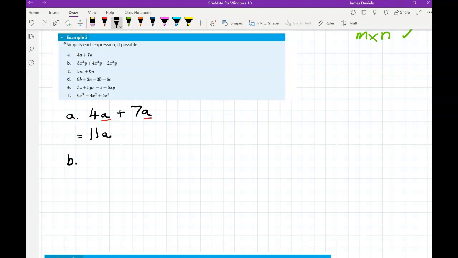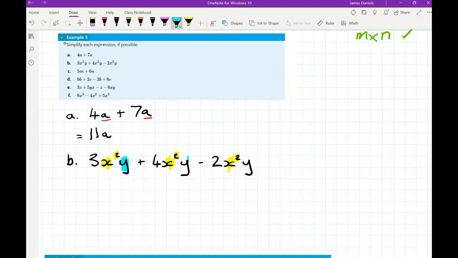B. Let's have a look. 3x squared y, so I've got x times x in there, plus 4x squared y, minus 2x squared y. They all have an x. The index is also 2 for the x, which is perfect.